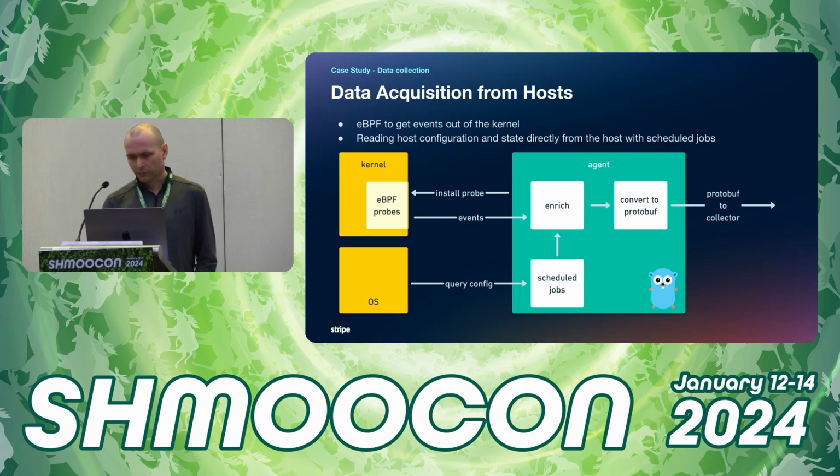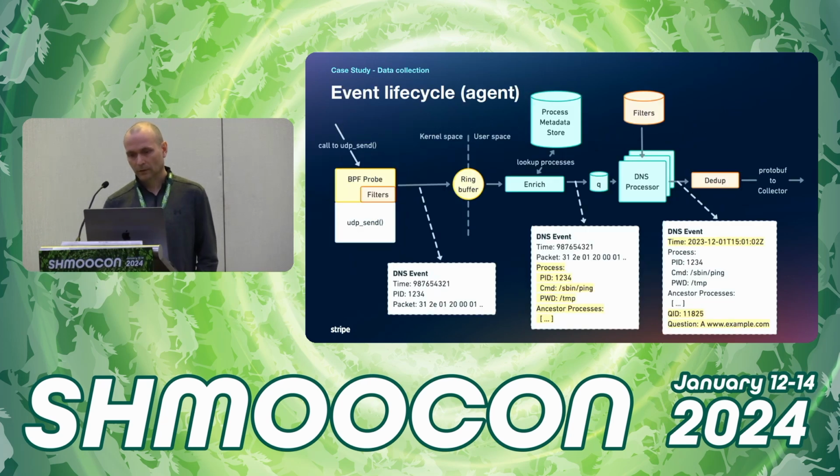I mentioned enrichment here, just briefly. I'm going to dive into that a little bit more, into the pipeline here. Enrichment means adding context or metadata, process metadata specifically, to events that happen in the kernel. So let's say there's a DNS event that happened on a host.